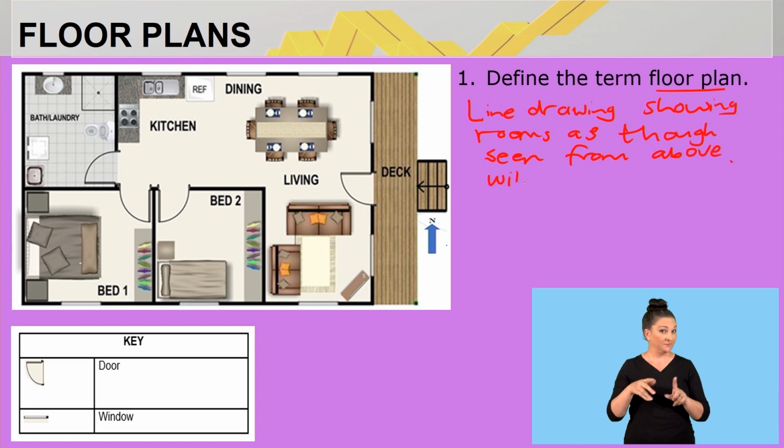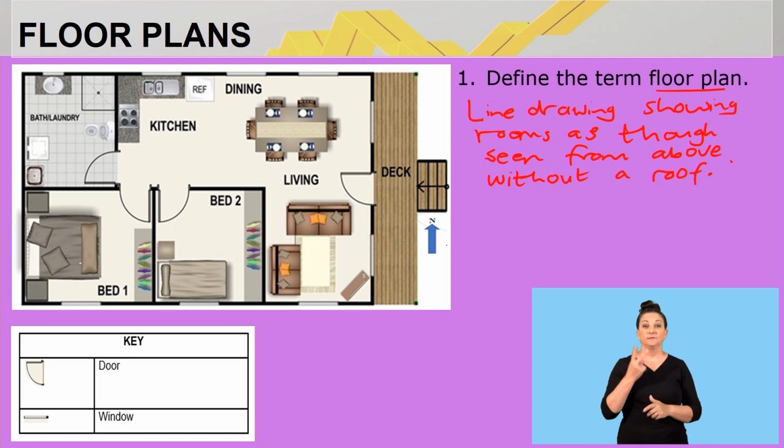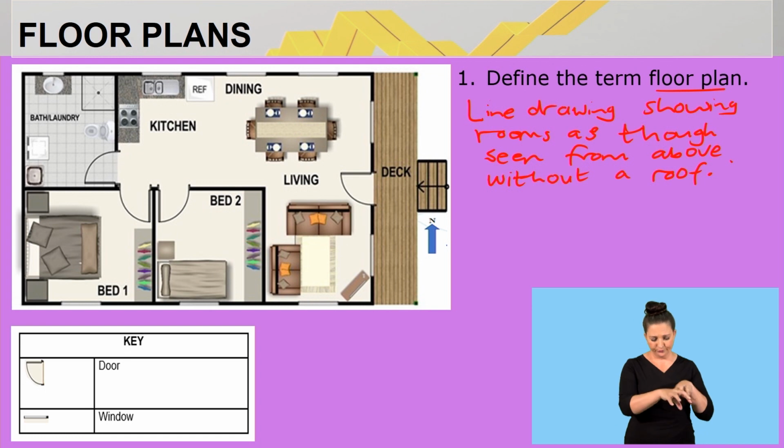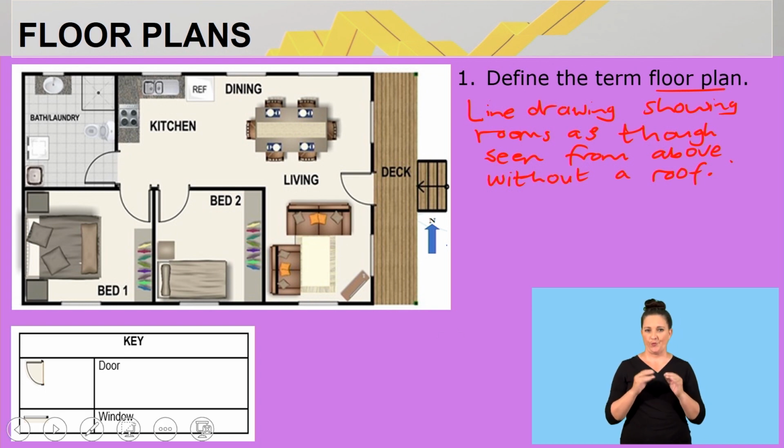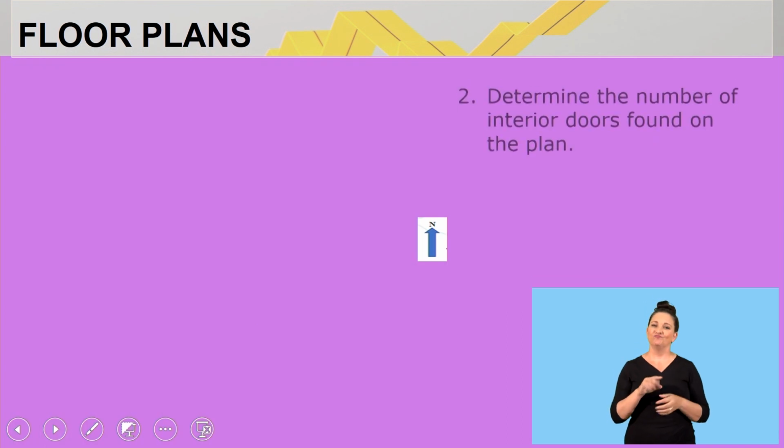And remember, key here is without a roof. What we see here on our left-hand side is a clear indication of what this definition is all about. Can you see? It shows all the rooms as seen from above, and there's no roof indicated there. So that is the definition for our floor plan.